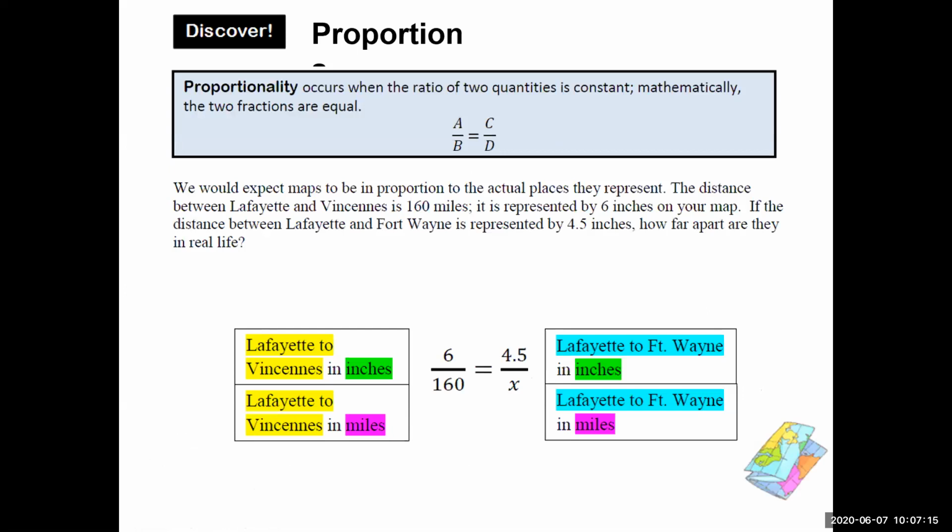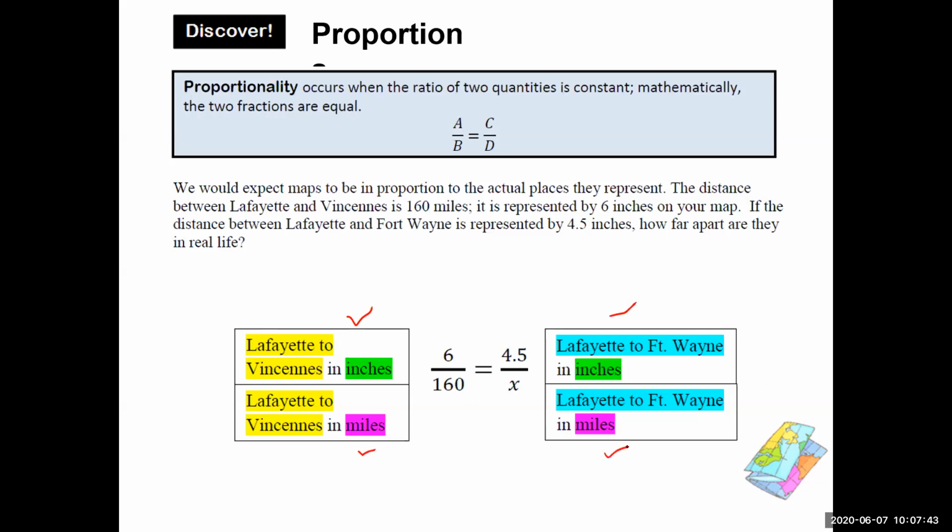Now, here we are going to look at two different ways that we can do this. This problem has been solved for you in your book, and I'll just give you an introduction. There are two ways that you can get this right. The first way is that you can do same unit across. So we're talking about inches and inches, and miles against miles.